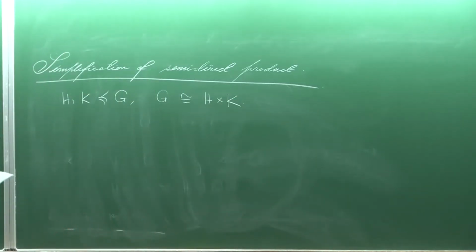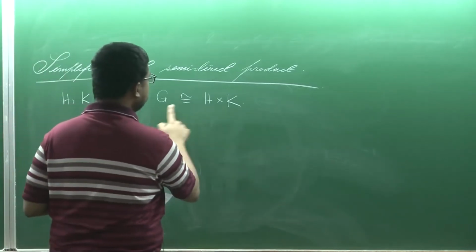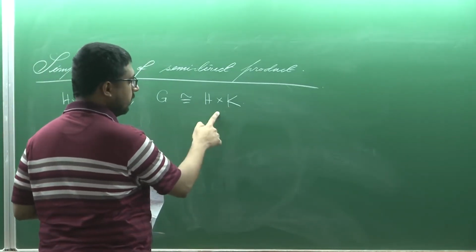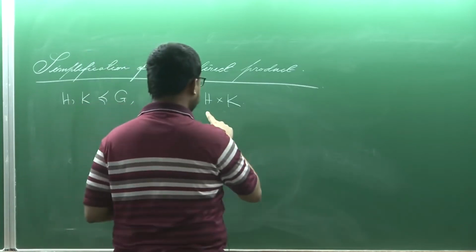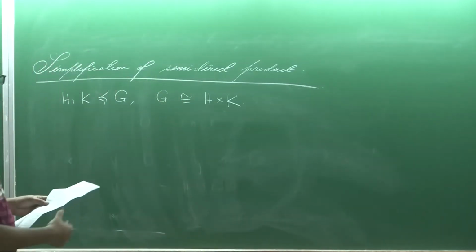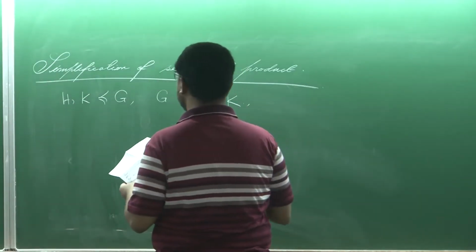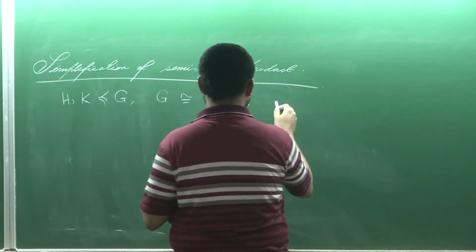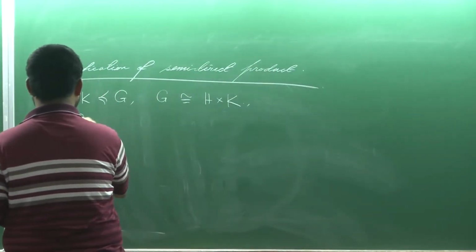Let me remind you, unless otherwise stated, the isomorphism in consideration sends (h, k) to hk. Suppose this is what we have, and let R be another group.